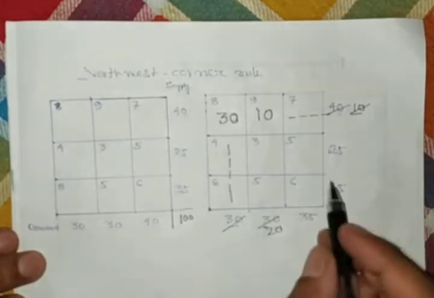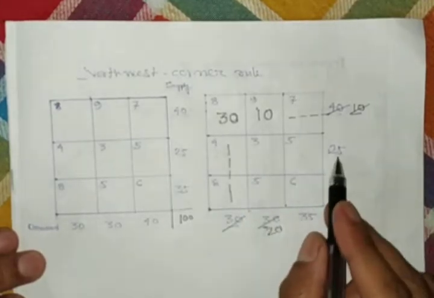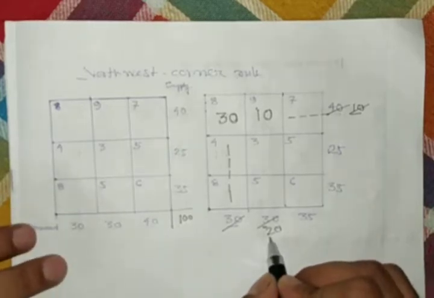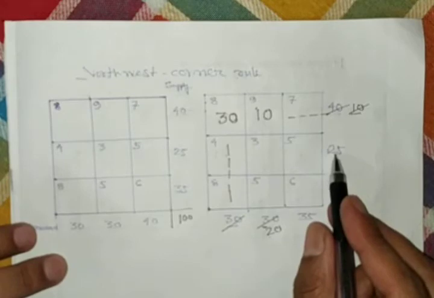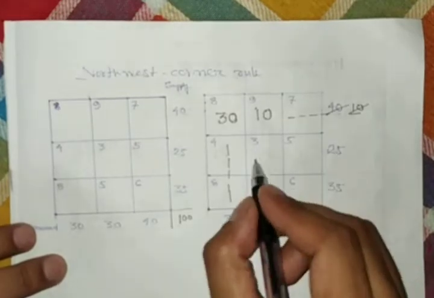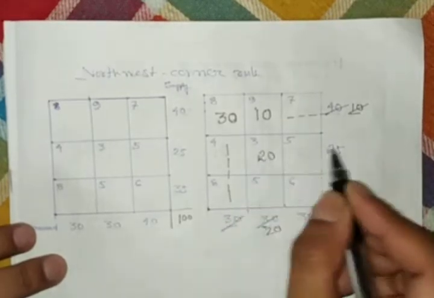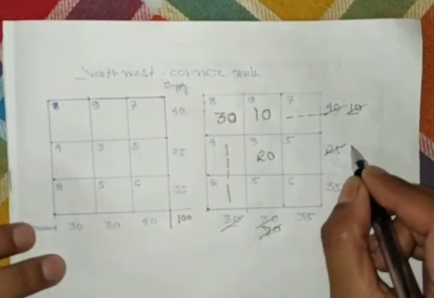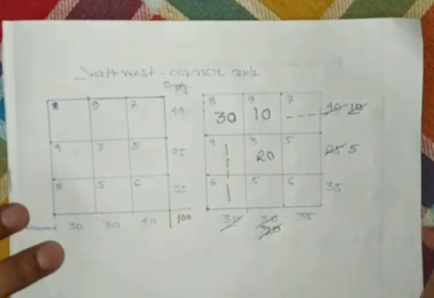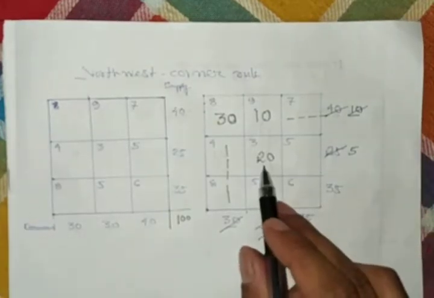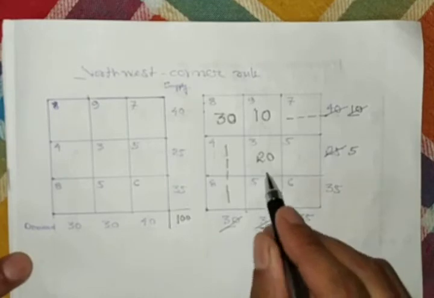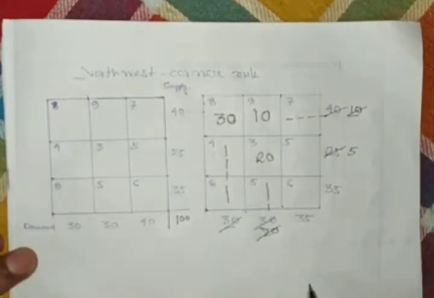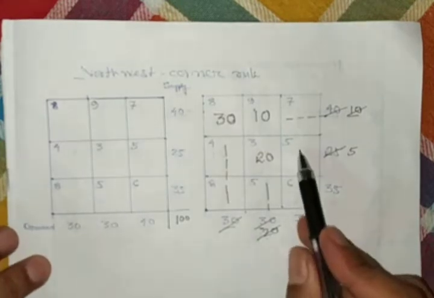Here 25 is the supply, 20 is the demand, so I put the minimum of 25 and 20, that's why I put 20 here. If I put 20 here, the demand is exhausted, and here 5 will remain. After putting 20 here, this column will be exhausted, so I draw a line here. Now only these two remain.